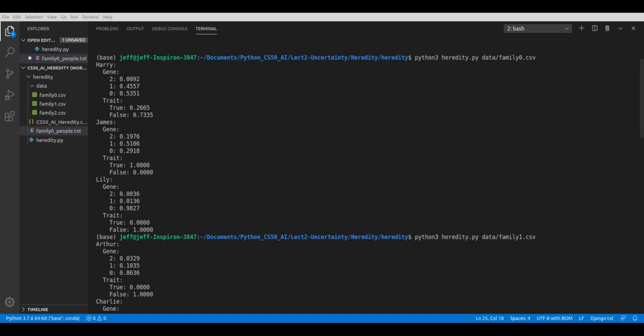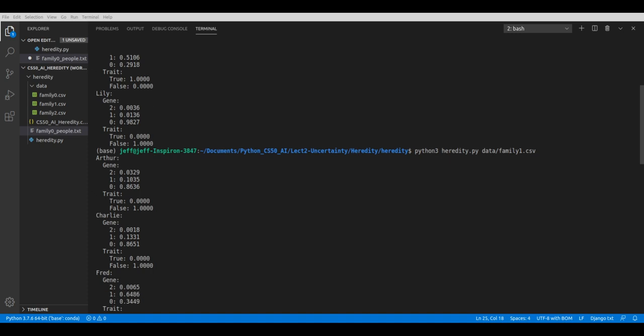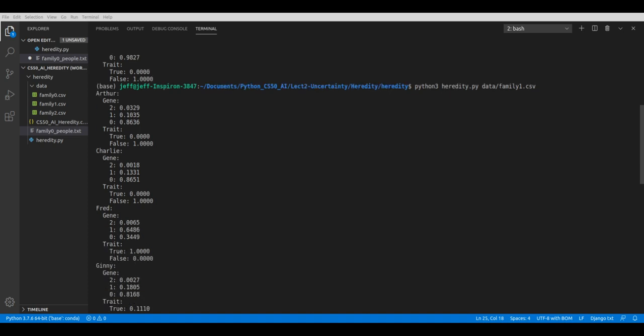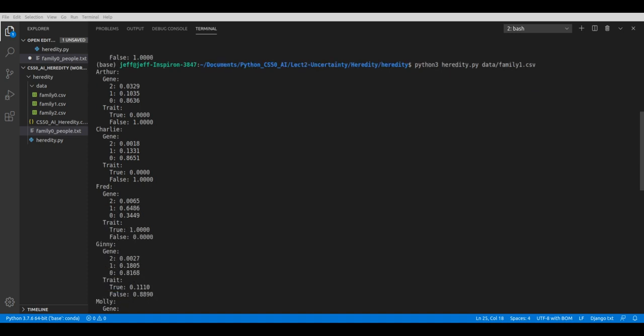So I've gone through the 3 data sets, data set 0, which is this data set. Now we have a data set called family 1, which has another combination of fathers and children.